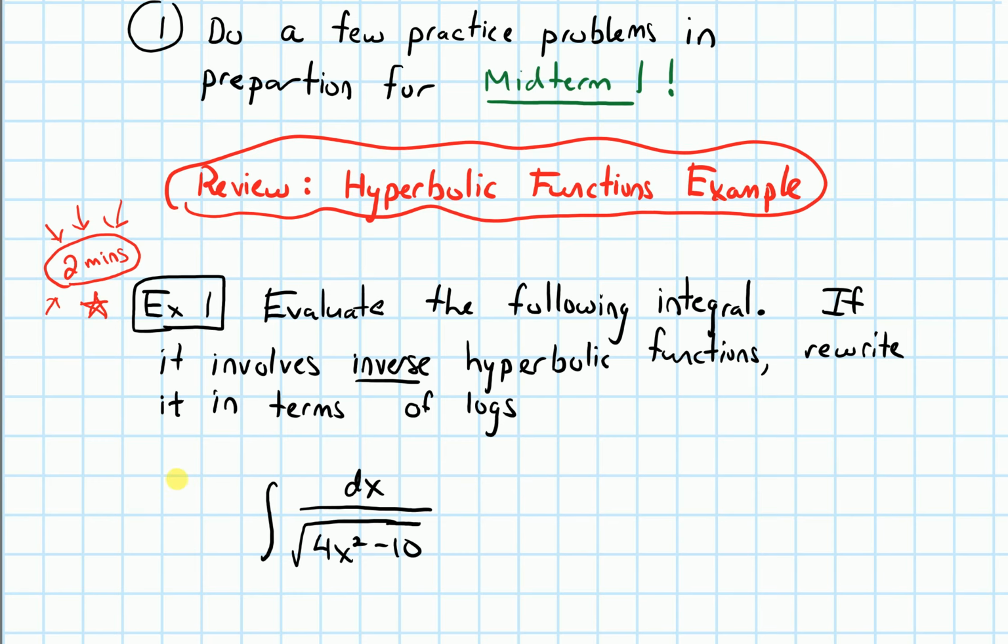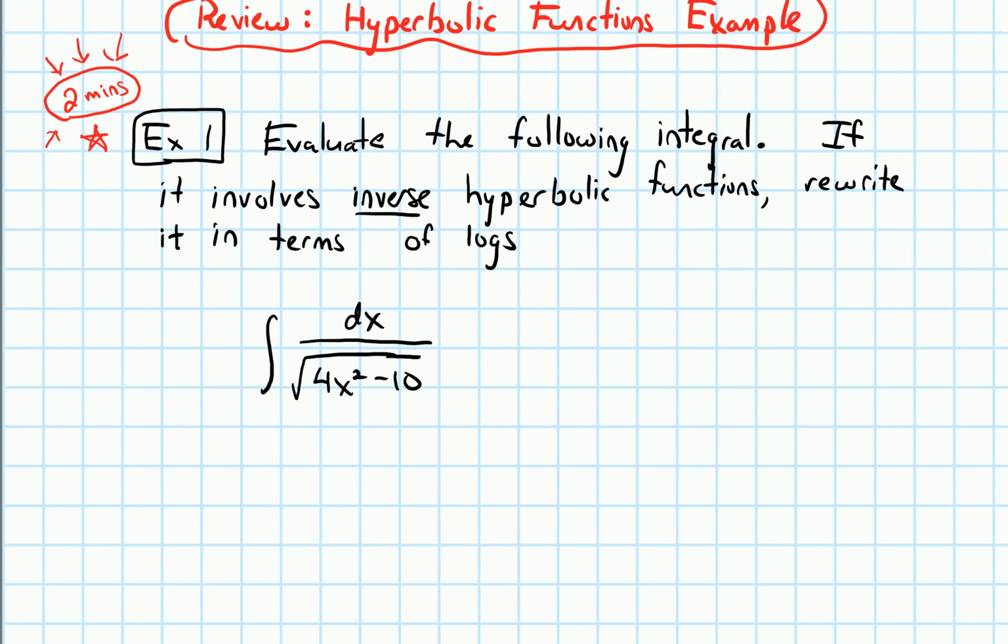All right, so looking at this, there are 2 ways we could go about this. The first way, method 1, is this integral looks familiar with an integral that we've seen before. In fact, we know that the integral of 1 on the top, with dx, and square root of x squared minus 1 in the denominator, is hyperbolic cosine inverse of x.